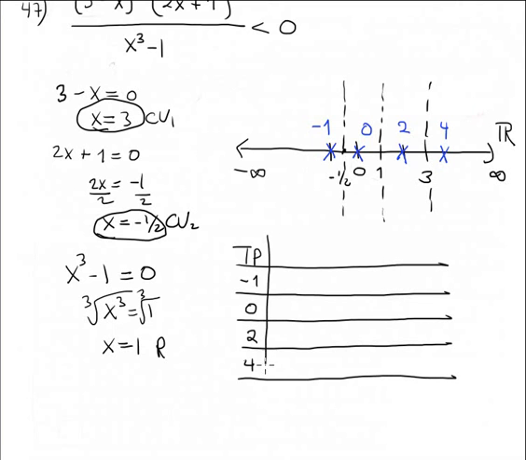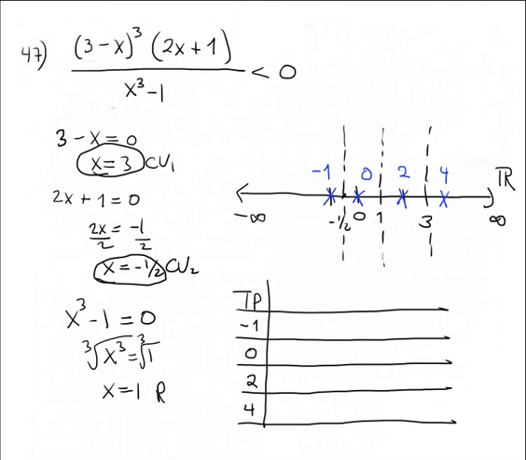Okay. The factors that we have in our problem: 3 minus x cubed is one factor, 2x plus 1 is another factor, and another factor is x cubed minus 1, and the total sign.